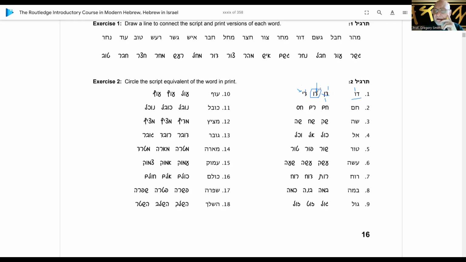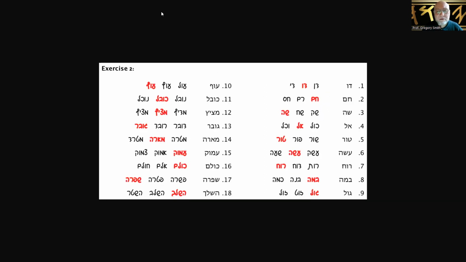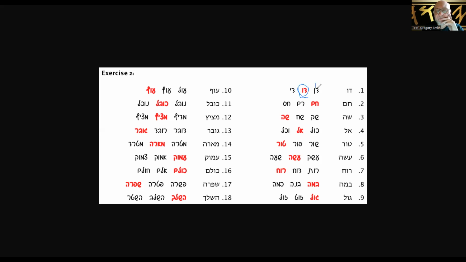Notice that a dalet looks almost like a 3. It doesn't look anything like a dalet, does it? But remember, this is cursive. And yes, there it is. It's the second one.